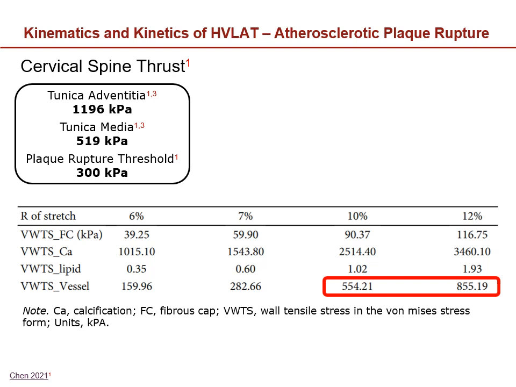Now, the significance of this is when we're looking at the stretch on the vessels and the spinal manipulative techniques, which techniques put this amount of stretch on the vessel that would otherwise surpass the threshold for the tunica media to increase the potential risk of rupture of the plaque.